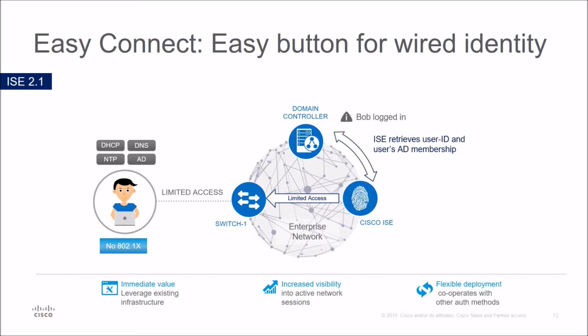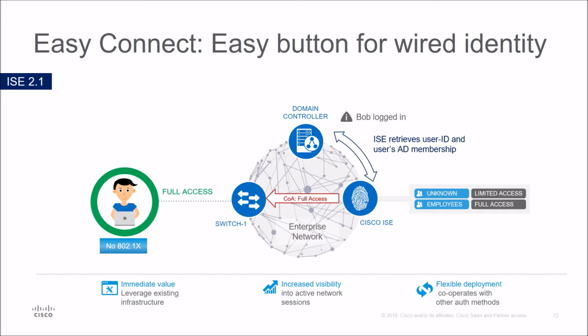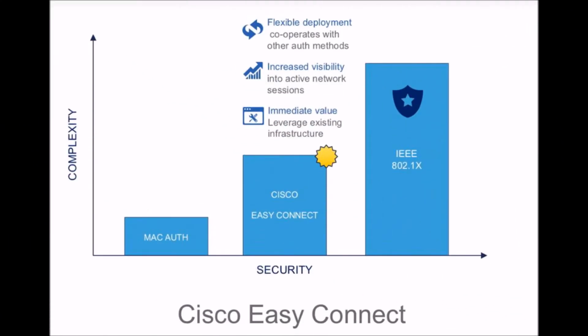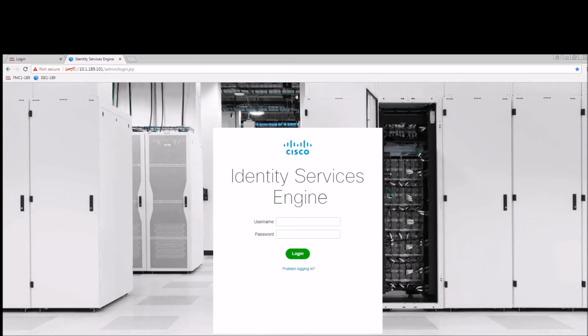ISE retrieves that user ID and user's AD membership, and then from unknown to limited access, we move into employees full access. Change of authorization takes place where we add additional layers of security to the port and give the user access. So Cisco Easy Connect is kind of a middle ground between MAC authentication bypass and 802.1x.